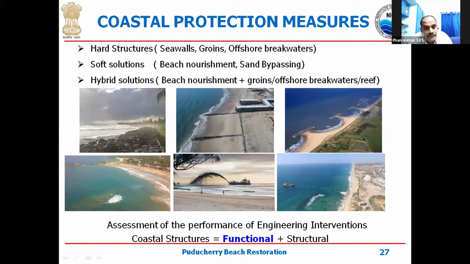One of the most common structures that we see for coastal erosion, in any place, is either a seawall or a groin. And when we talk about ports, we will have a breakwater.